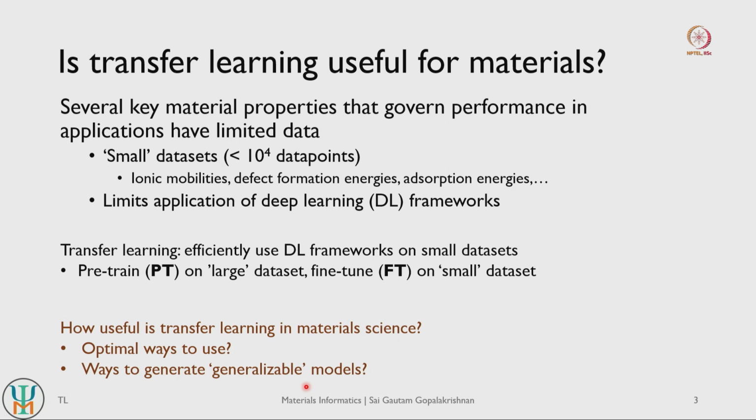So they are not particularly good at predicting any specific property, but you should be able to fine tune these models very quickly on a target property. So you should be able to fine tune them and then be able to make predictions on a target smaller data set or smaller property, right.